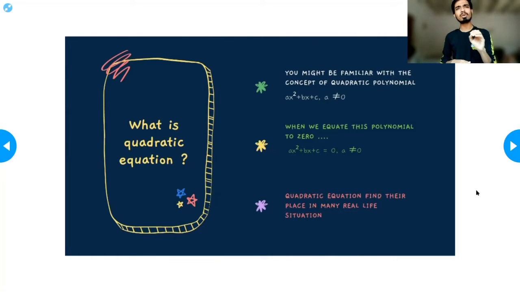But if you see carefully, consider a polynomial 2x. Now x is a variable. Consider if x is the weight of a bull. Now, 2 times the weight of a bull. So basically, if I write the polynomial 2x, it represents 2 times the weight of a bull. This sentence in itself is incomplete. You might be knowing that 2 times the weight of a bull doesn't make any sense.